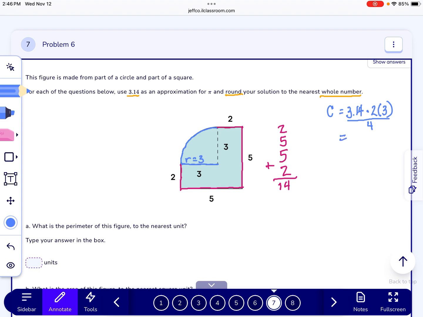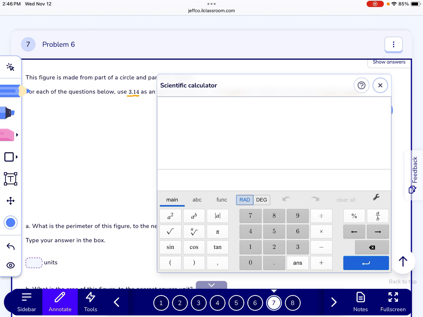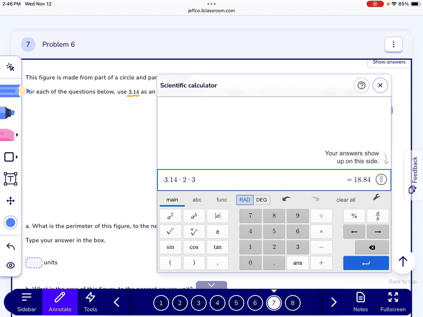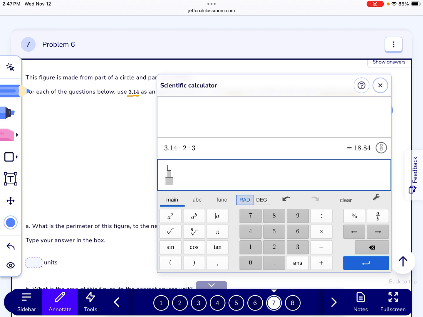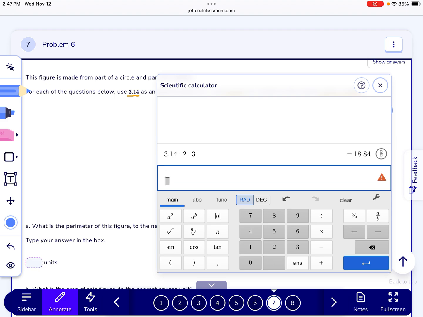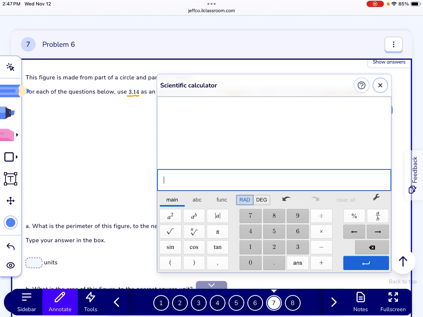All right, so I'm going to use my calculator here. Okay, so my approximation of pi, 3.14, times 2 times 3, that equals 18.84, and then I'm going to take that and divide that by 4. 18.84 divided by 4 equals 4.71.